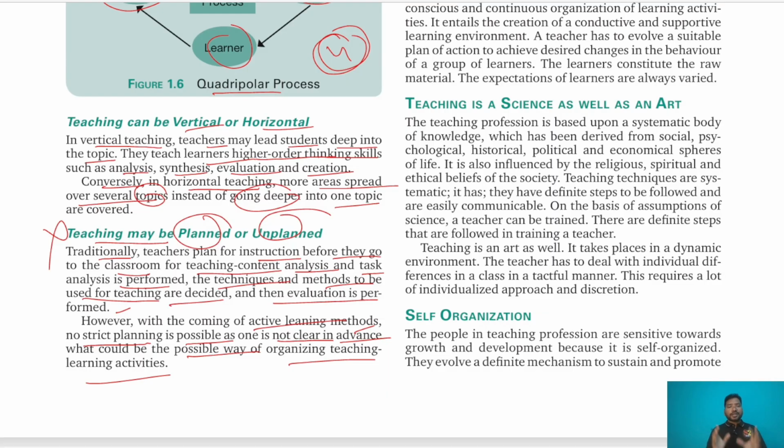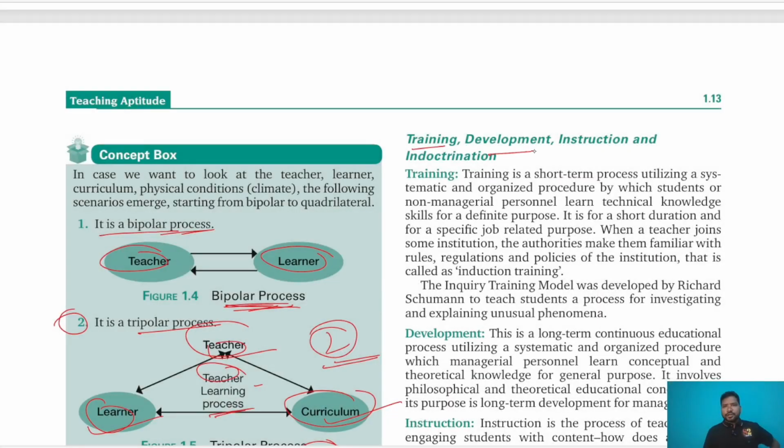So the teacher has to be flexible, as it is not clear in advance what the possible way of organizing the teaching learning activity is. So this is called unplanned activity.